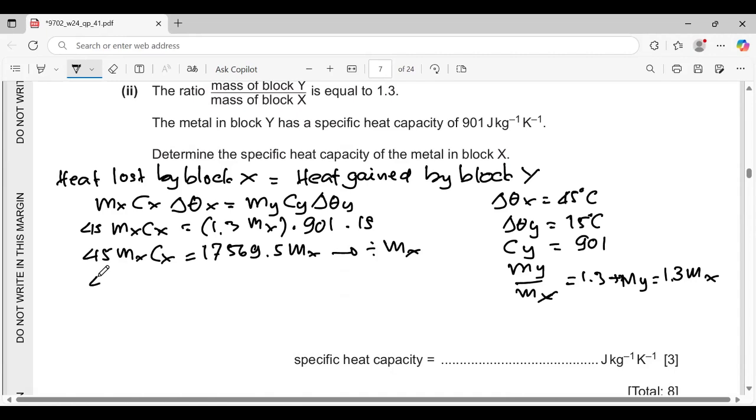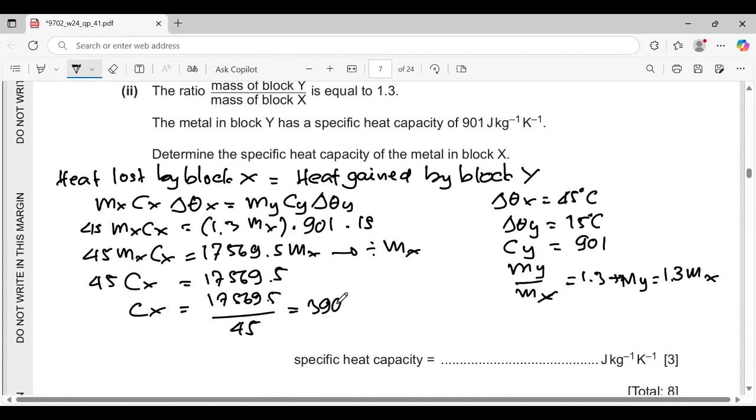If we divide, it becomes 45 cx equals 17,569.5. So it means Cx, the specific heat capacity, is 17,569.5 over 45. And the result is 390.433, so it becomes 390. And the unit is joule per kilogram per Kelvin.